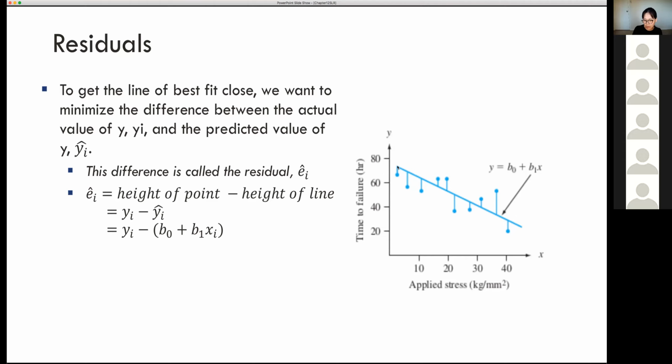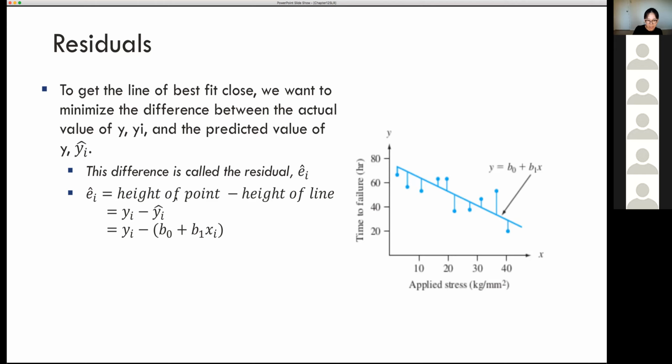So if this is our x1, y1 data point, this would be our y1 hat, right on this line. And the difference of y1 and y1 hat will be the residual, e1 hat. So the residual is the difference between the actual value yi and the predicted value yi hat.